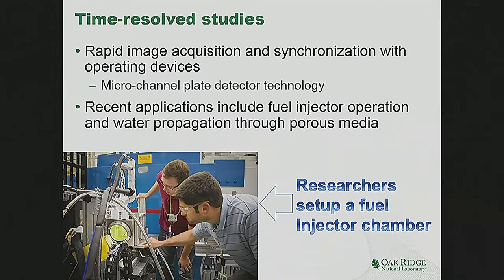This study, this team, they did X-rays and neutrons. With the X-rays, they studied the details of the fuel spray. With X-rays, you can acquire very rapidly, and you can see the spray. The X-rays aren't that good for penetrating inside the injector and telling you what's going on inside the injector. So that was the neutron part.